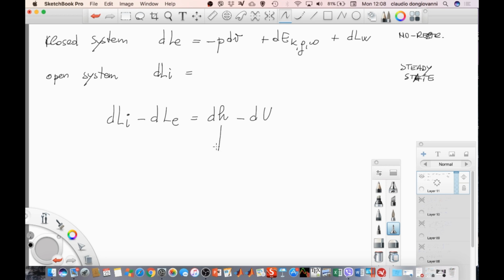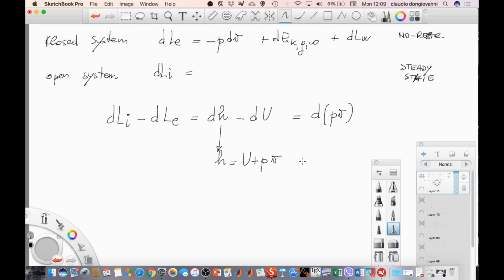H is defined as related to U plus PV. Therefore, this is equal to the differential of PV.